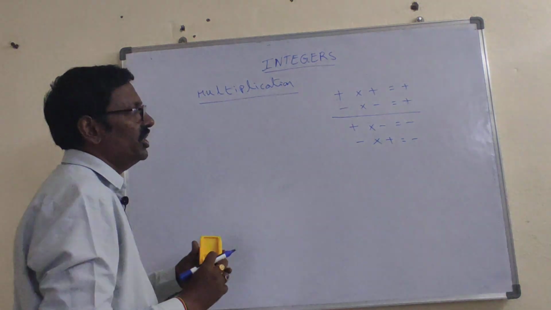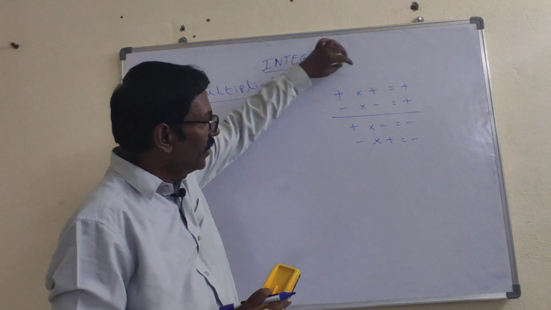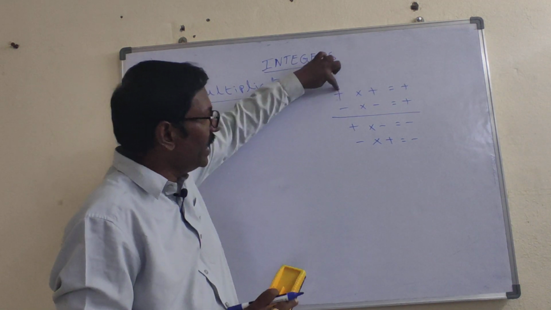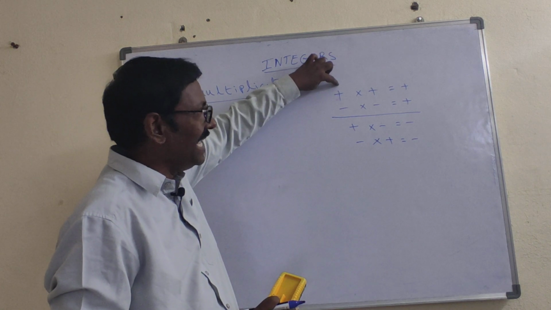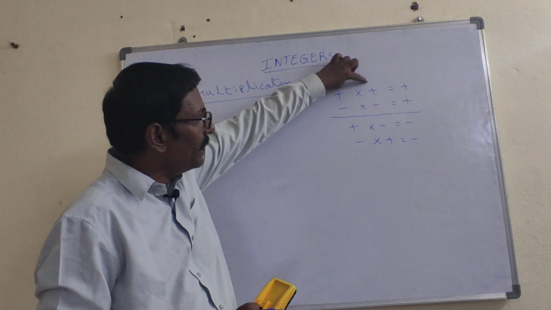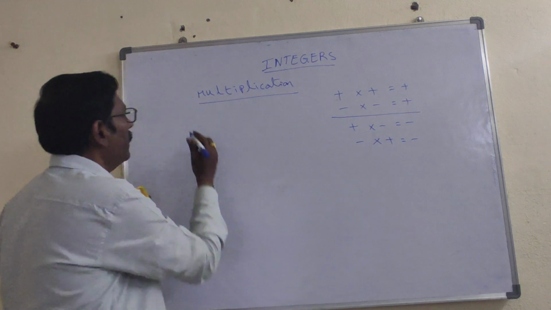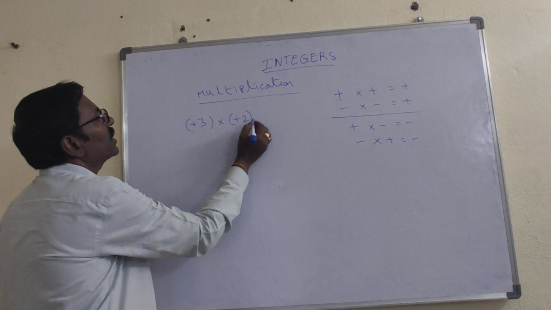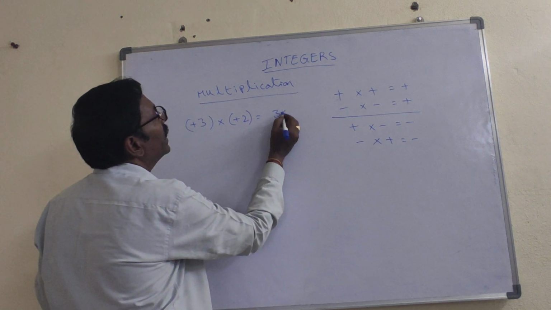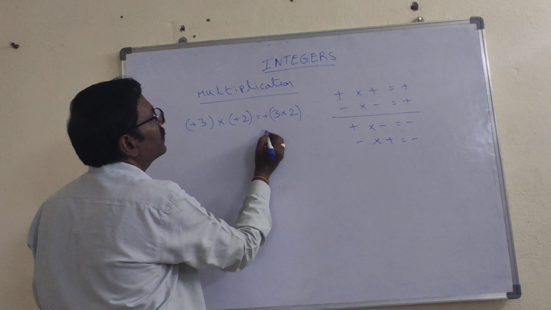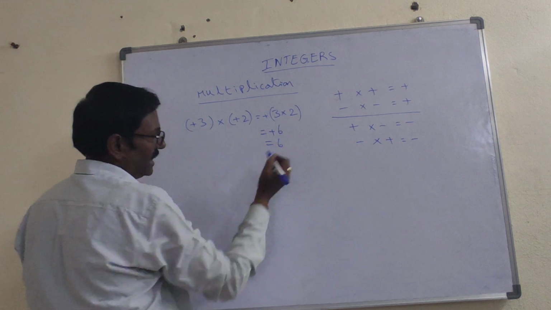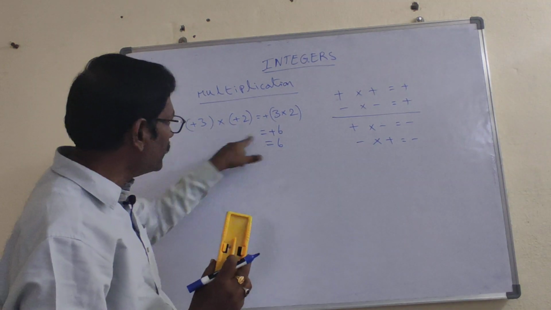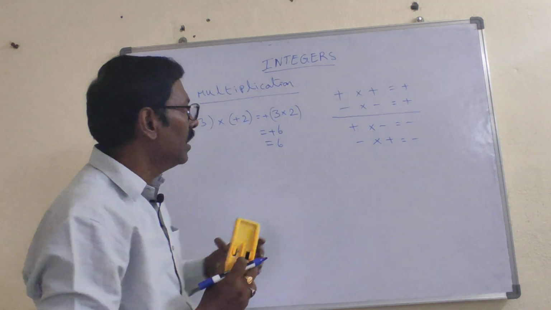How to remember? Very easily. If both numbers have the same sign, if one number has a plus sign and the other number also has a plus sign, and you multiply those two numbers, suppose this is plus 3 into plus 2, we get only a positive value, that is plus 6. It can also be written as 6. Both have the same sign, like this.